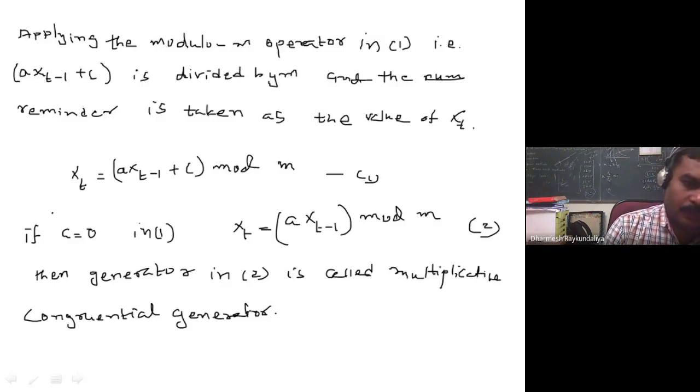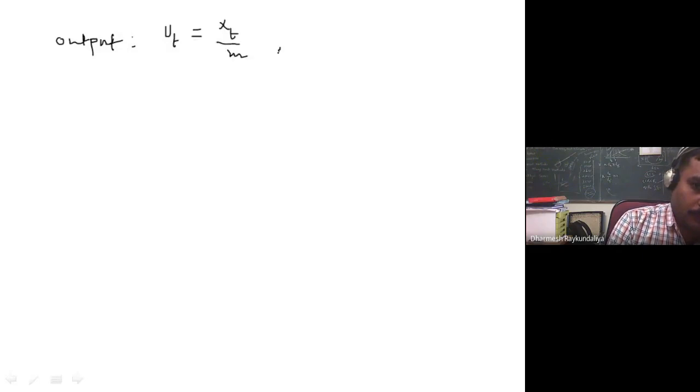So what did you get? This is xt. That means you have reached the state transition. Now what is the output? The output is ut equal to xt upon m.